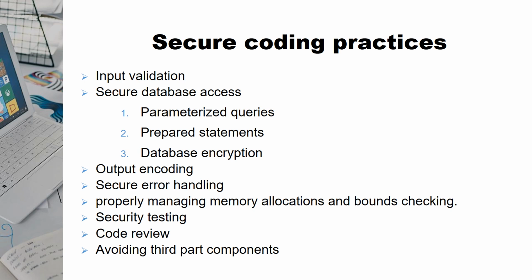We have security testing and code review. Regularly test your code for vulnerabilities and have others review it. Then third-party components: only use trusted libraries and frameworks because insecure third-party code can introduce vulnerabilities.